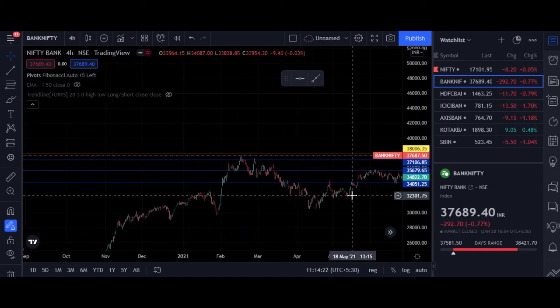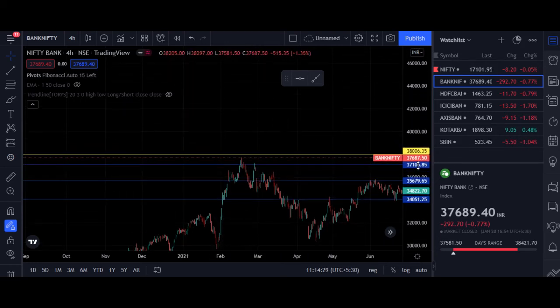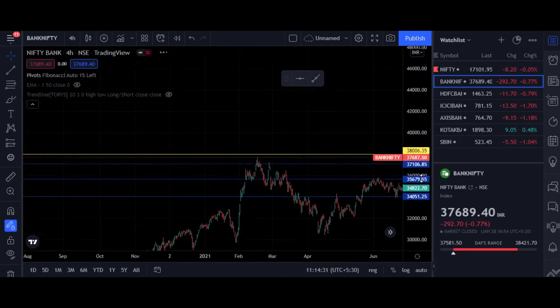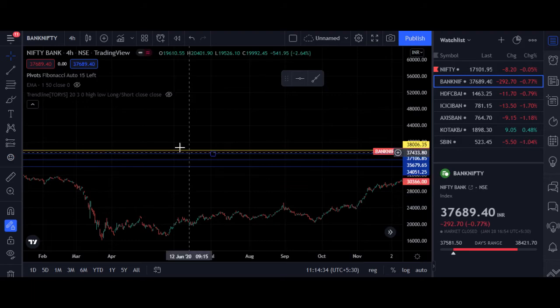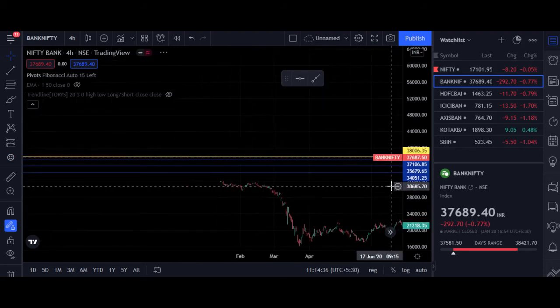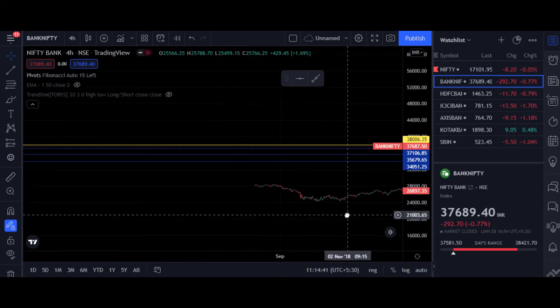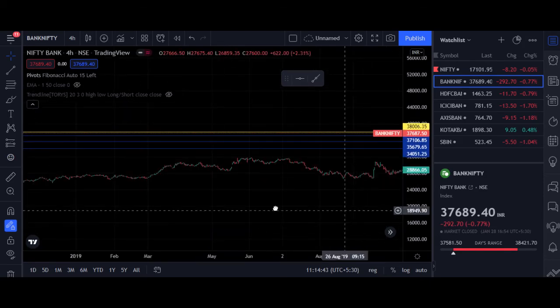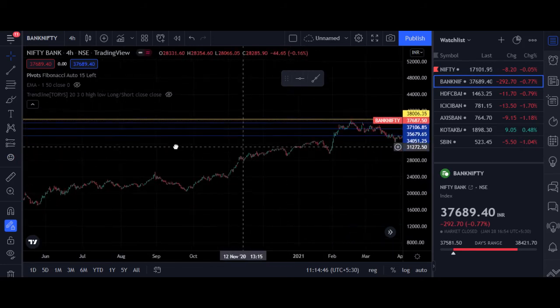So this is the point where there is a major support here. In February 2021, this point was a major resistance level. You can see here is a major resistance level. At the same level it took a support. Okay, that's the beauty of the support and resistance line.